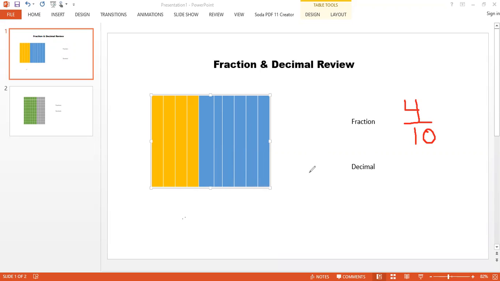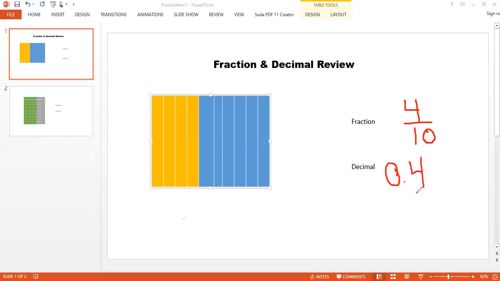are shaded. So if we make that a decimal, pause the video and see if you can do it on your own. If you did it as 0 in the ones place and a decimal, and then the 4 in the tenths place value.